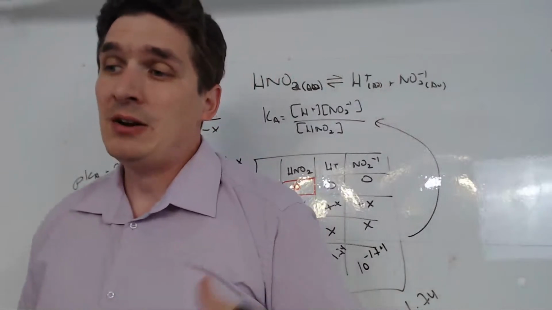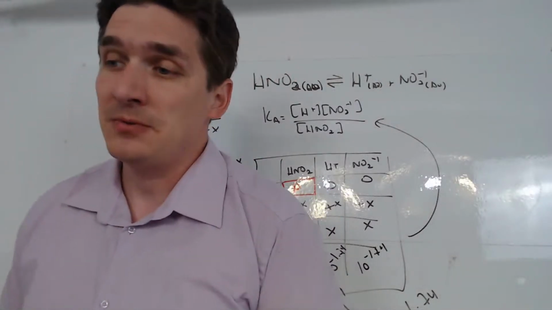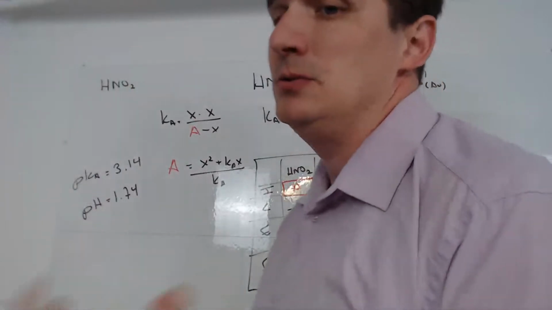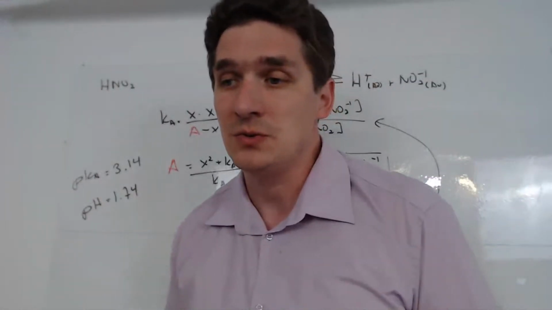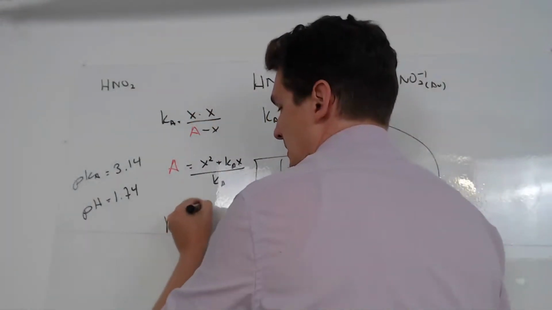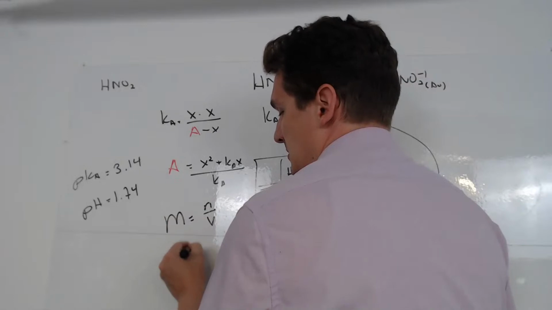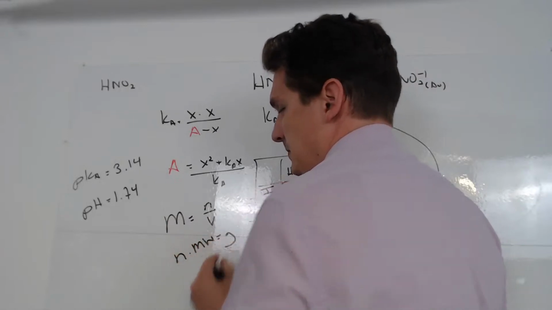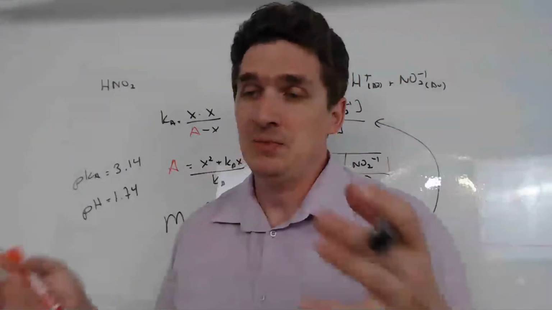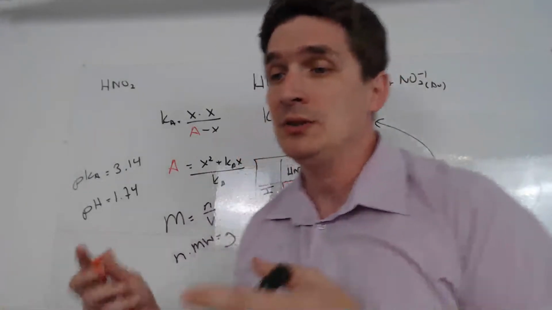These problems only get harder if I ask you for a mass per volume. If I ask, what mass of nitrous acid is needed to make an X liter solution, which I think is one of the next problems, there's a further step: molarity equals moles over volume, and moles times molecular weight equals grams. But these are not problems related to solving the pH or to the ICE table.